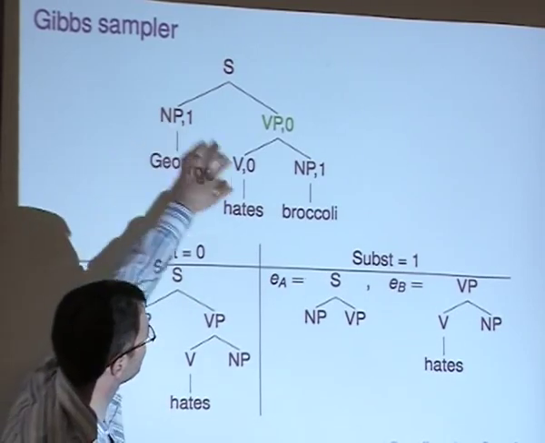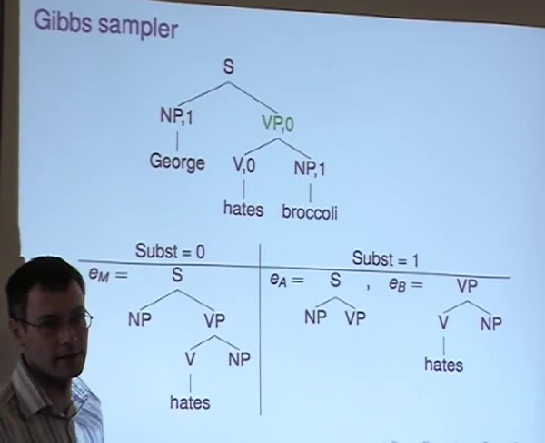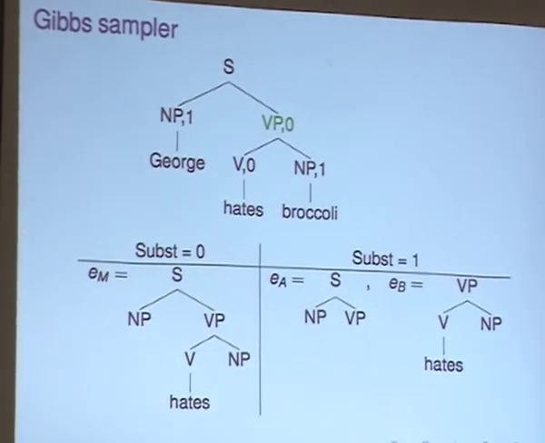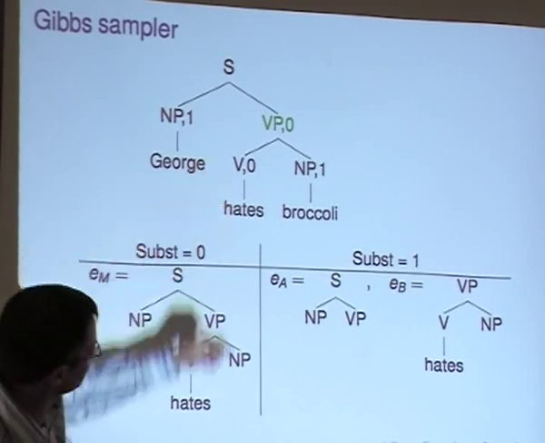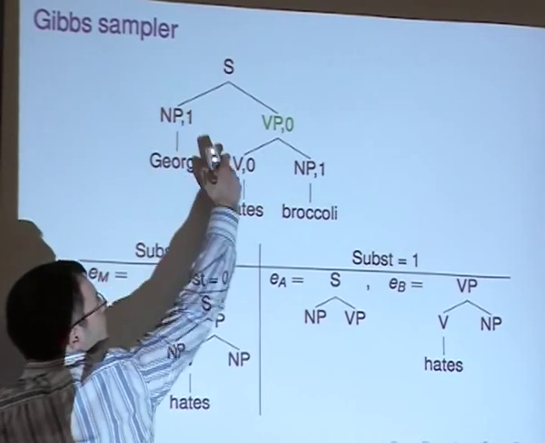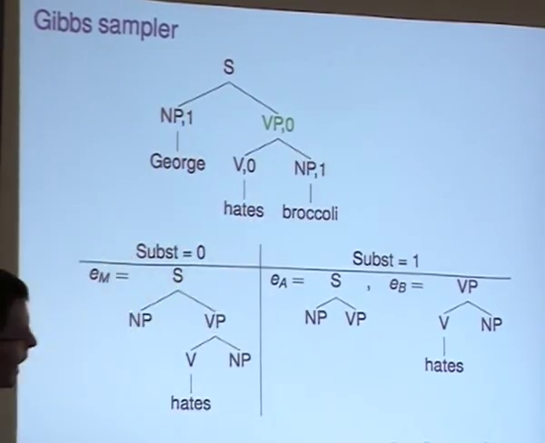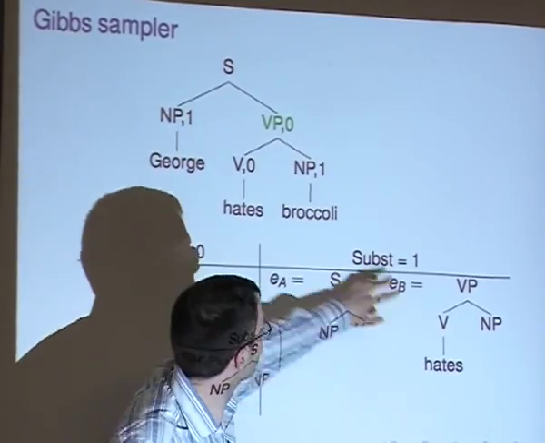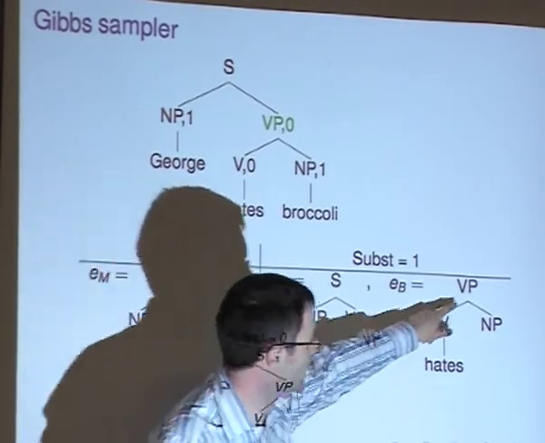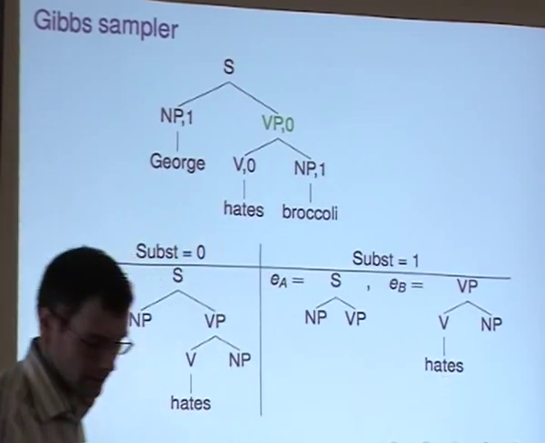So notice that this noun phrase and this noun phrase are all set as substitution sites. This one's set as not being a substitution site. So if we let that verb phrase not be a substitution site, we get this big fragment that ends up going down all the way here. If we set it to a substitution site, then it ends up cutting this rule in two. So we get S to NP VP and a rule headed by VP.